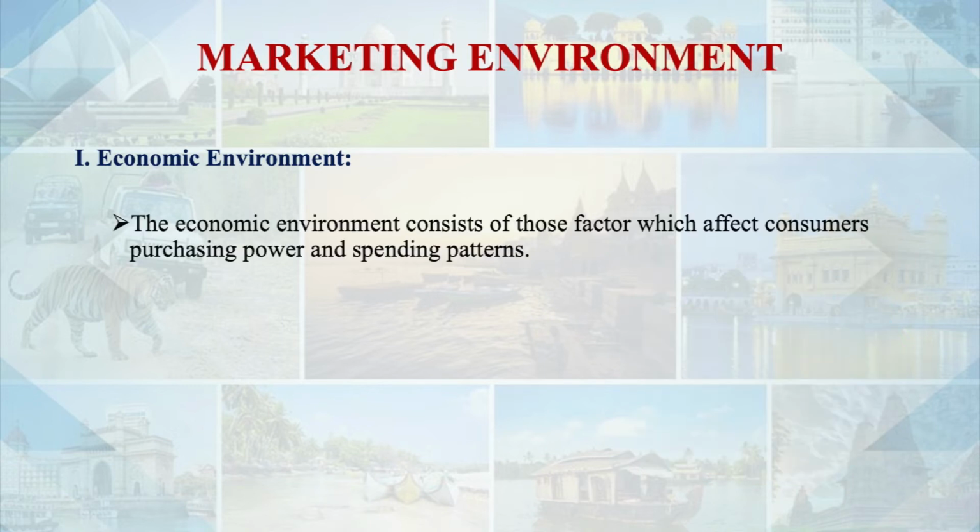This economic environment consists of those factors which affect the consumer's purchasing power and spending pattern, which is very important for any business organization. Based on the purchasing power and the spending pattern, the sale of goods and services is usually largely impacted.